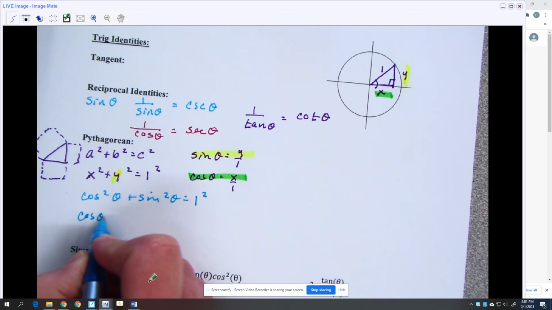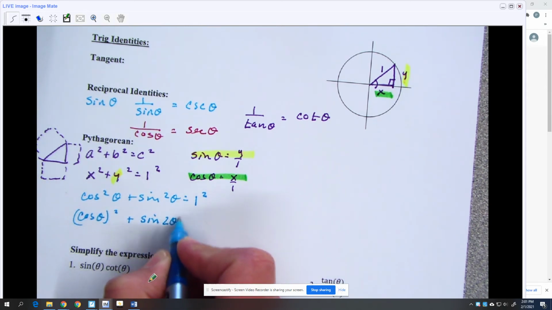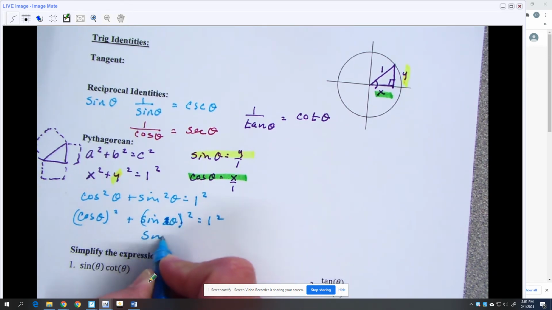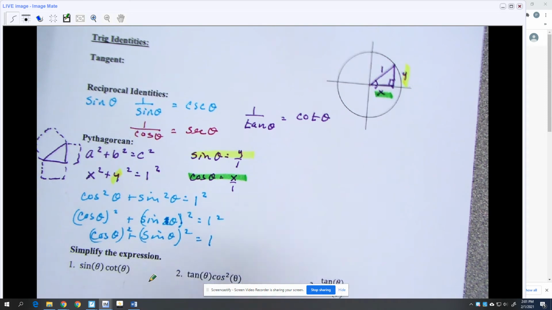Recall that we can write a square in a little different location, but it means the same thing. So this is sine theta squared. I better rewrite that. And lots of times we'll just say 1 because 1 squared is 1.